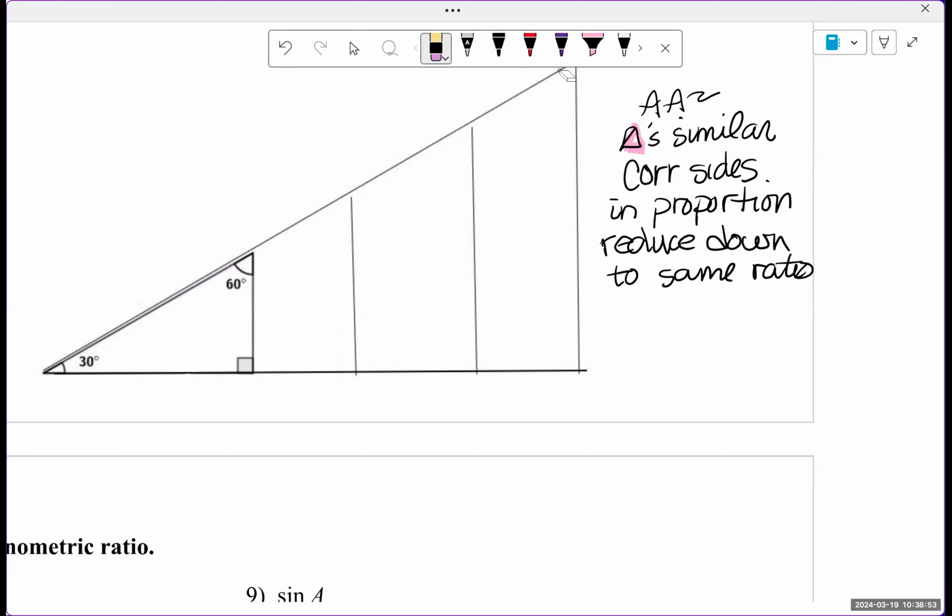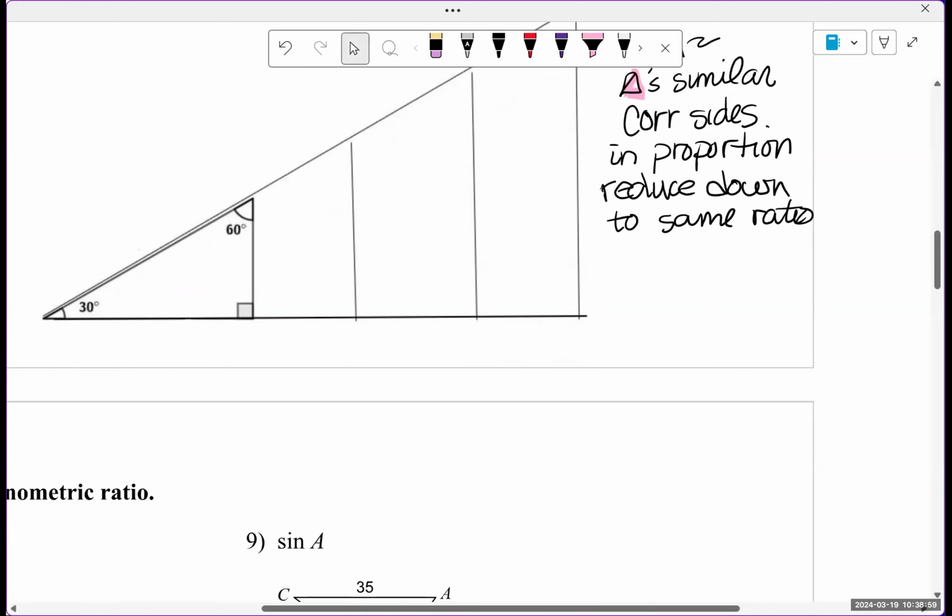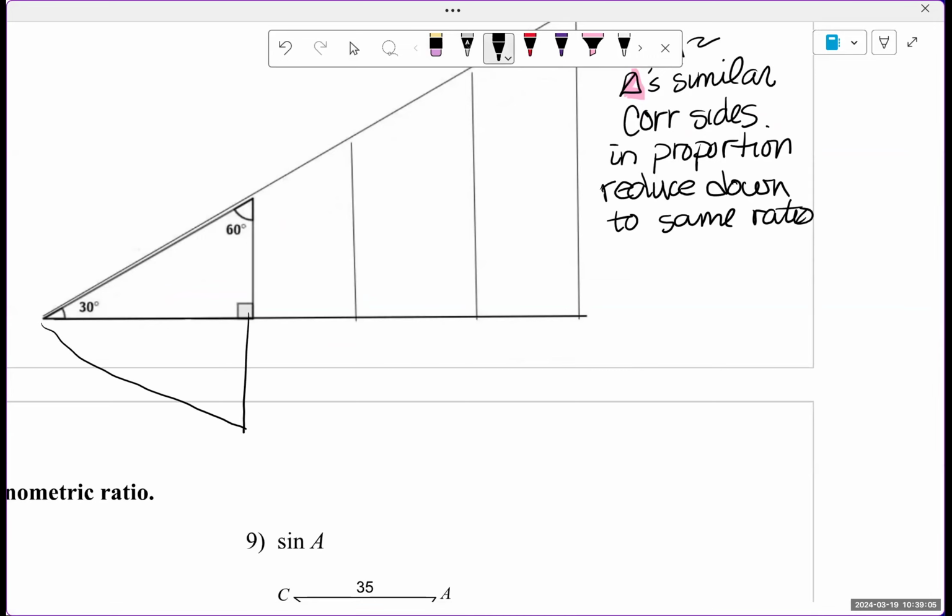Now, a 30, 60, 90 triangle. Hopefully you talked about this last year. If I flip it down, does everyone see that this is 60? And what would this full angle right there be? 30 and 30, right? So 60.